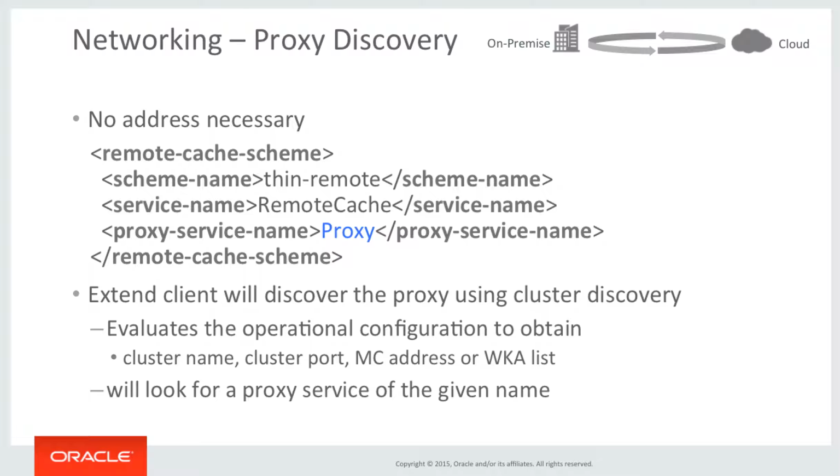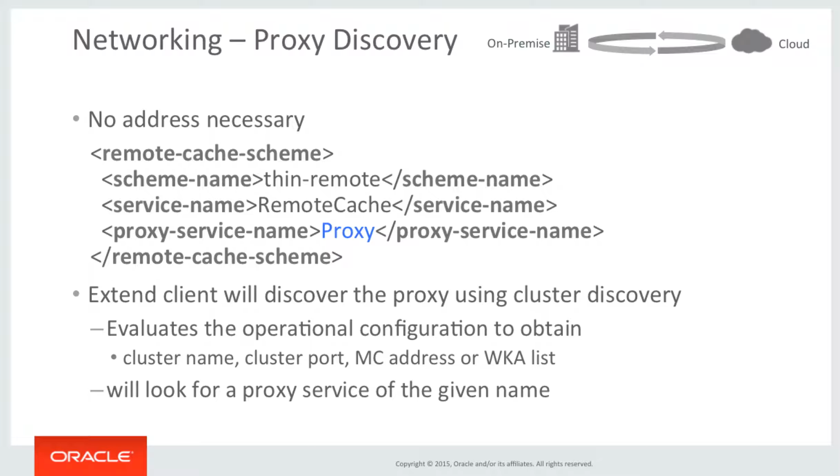Looking a little closer at Proxy Discovery, here's an example XML element, this is part of the cache config actually, for how you would configure a remote cache scheme. So in prior releases, you would actually have had an initiator config element and specified one or more proxy IP ports, kind of hard-coded where your proxies are going to reside.